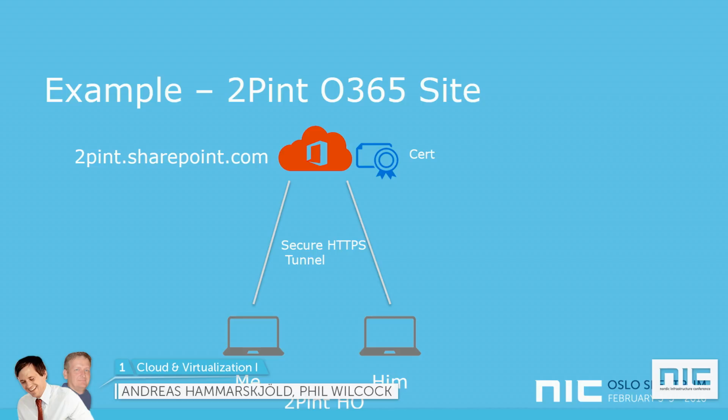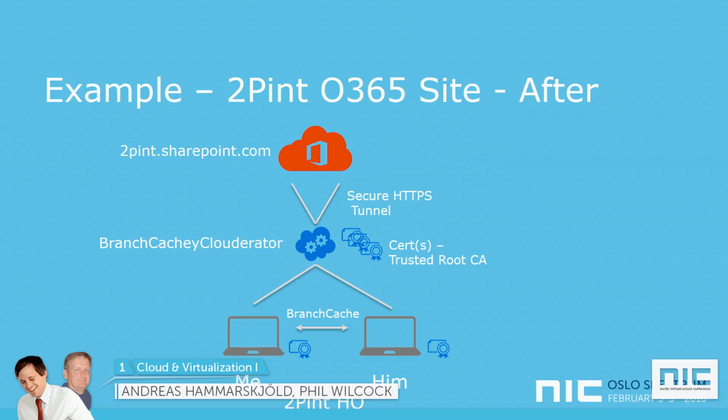You have Office 365, then you have yourself, and you have HTTPS. Everything's pretty much HTTPS these days. And so you have a certificate, secure tunnel, and it all works fine. But what we're going to do is we're going to break that in the middle. We're going to put the BranchCache Clouderator service that we named in the middle, and that's going to break that tunnel, and it's going to create a new one using certificates that we created.